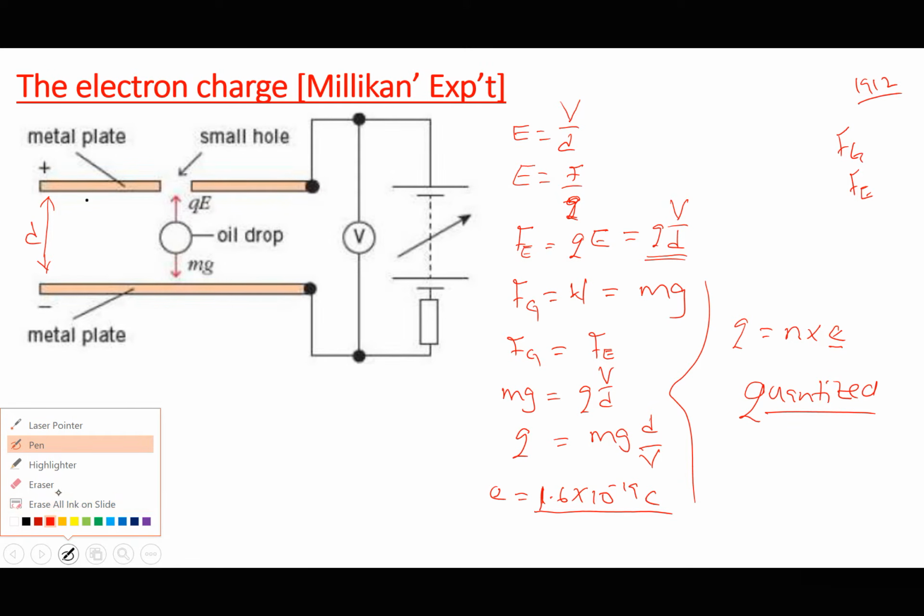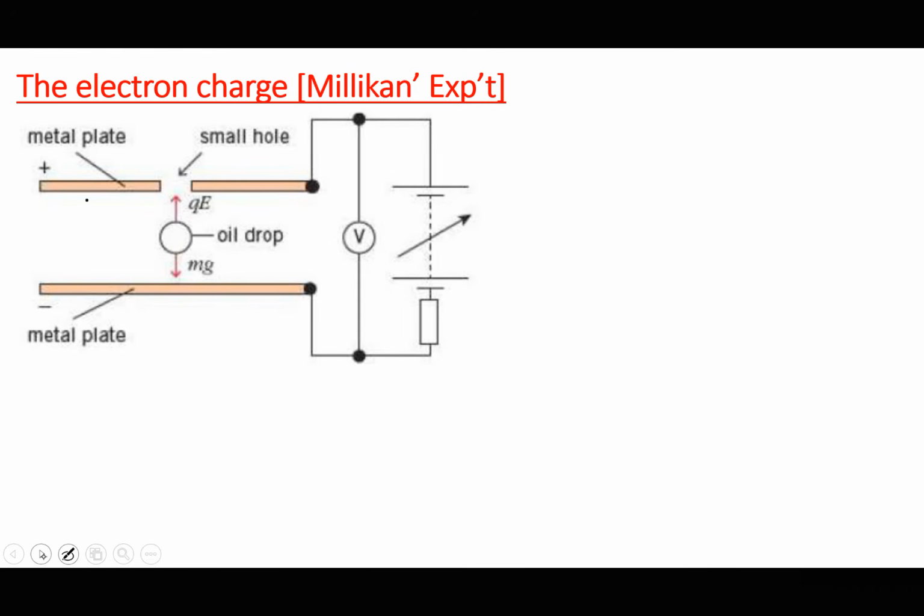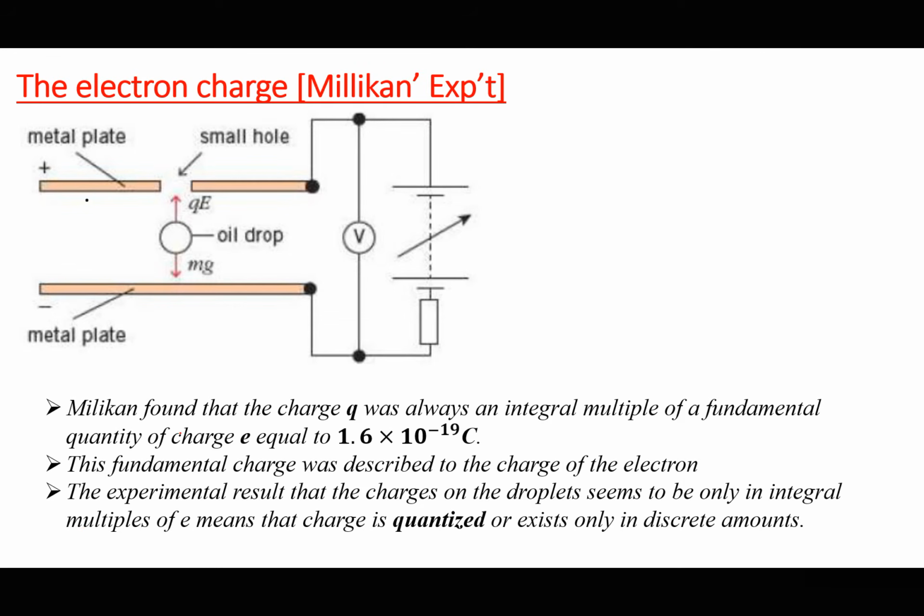All that being said, we have now noticed that Millikan found out that charge was always an integral multiple of the fundamental quantity E, which is 1.6 times 10 power negative 19 coulombs.